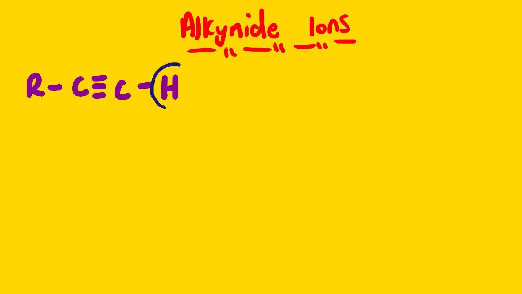The removal of this hydrogen will yield a carbanion, which is the opposite of a carbocation, which will be in this form. Remember that a carbocation is like this, with 3 bonds. So since we say this is acidic, in order to remove this proton, we will need a very strong base.